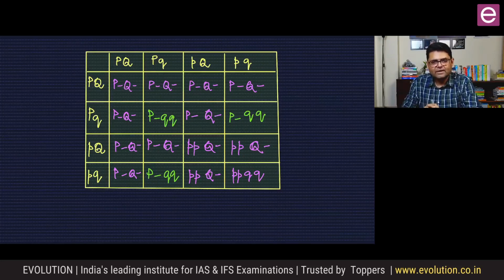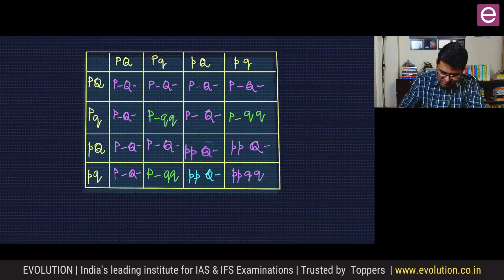Now let us find P recessive, Q dominant. We will be doing it bright blue. P recessive, Q dominant. So bright blue.